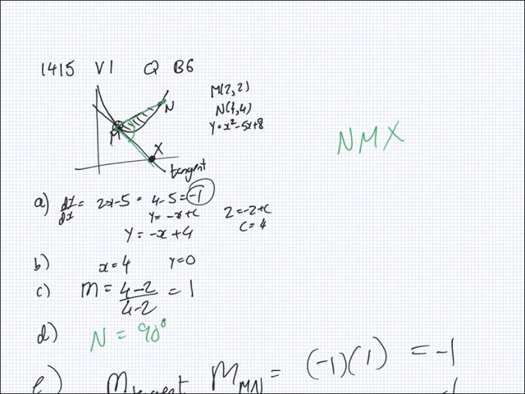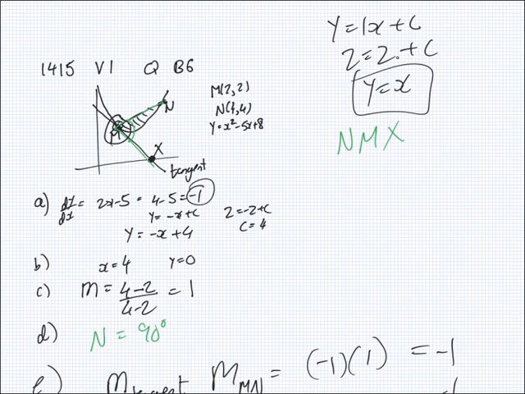So let's get the equation of MN first. Slope is 1, so sub into y equals 1x plus c. What point do we sub in? M, 2, 2, or N, 4, 4? 2, 2. Well actually that makes the c very easy. So y equals x.